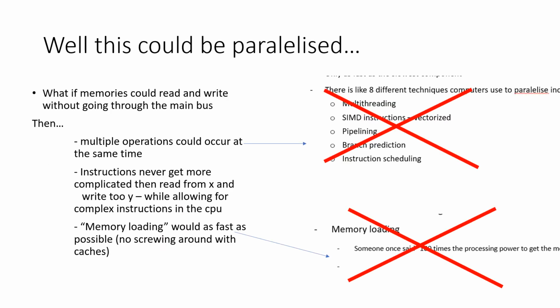But then I started thinking, if you didn't put everything on the same bus, so all memory wasn't dedicated to one output, you could parallelize this thing, right? So for example, multiple operations could occur at the same time.